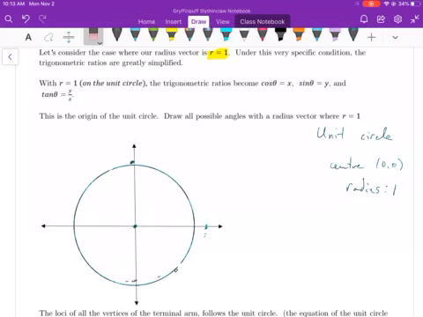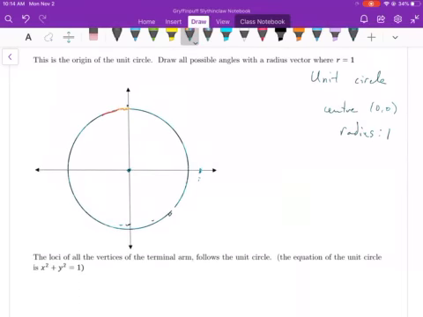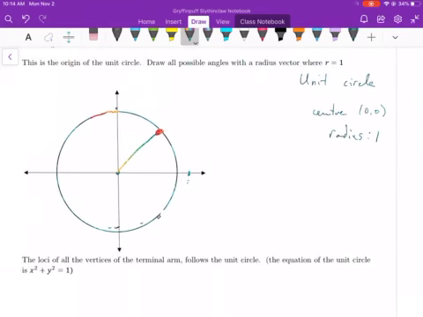There are all the points that are 1 unit away from the origin. That's what the unit circle is. The locus of all vertices of the terminal arm follows the unit circle. So if you take a terminal arm of an angle and move it around the circle, and you had a pencil at the end of that terminal arm, and you moved it all around the unit circle in various positions, it would just follow the unit circle.